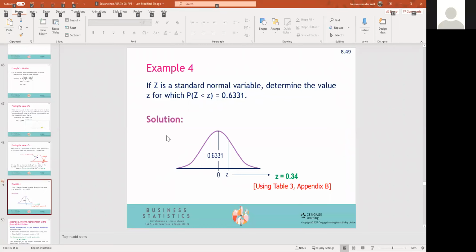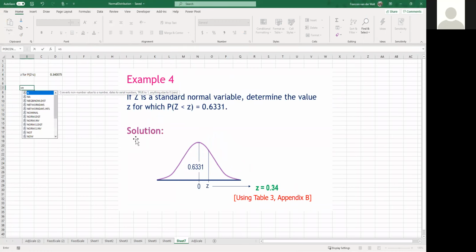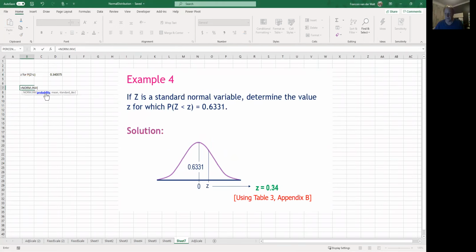As you've seen, when I keyed it in Excel, if you start and you say equals norm, it gives you the option for the inverse, you know you need to use the inverse because you're going to calculate the z. It tells you the probability, it tells you need to supply the mean, you must do the standard deviation. It doesn't ask for a true false answer.